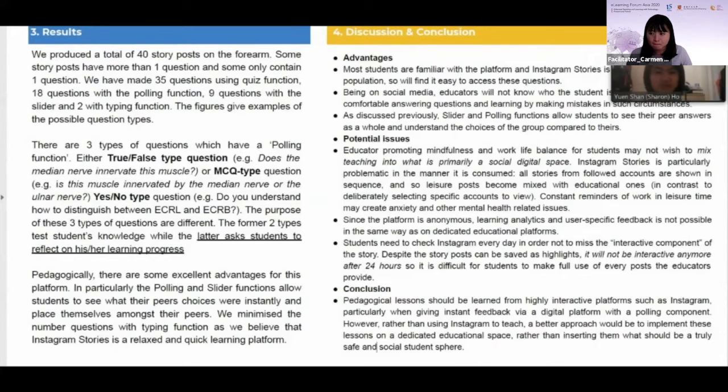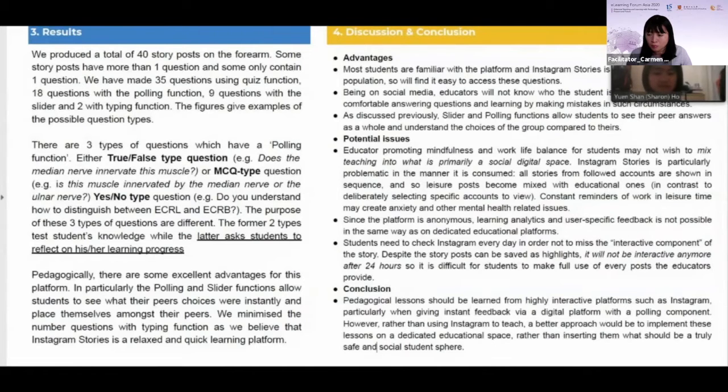The former 2 question types test students' knowledge, while the latter asks students to reflect on their learning progress by stating whether they understand a concept. Both polling function and slider function also allow students to see their peers' choices instantly, so they can reflect on their answer. We didn't include many typing function questions, as we believe that Instagram Story is a relaxed and quick learning platform.